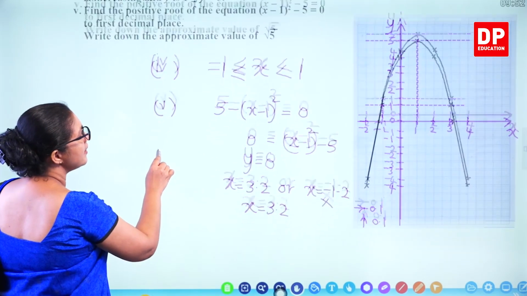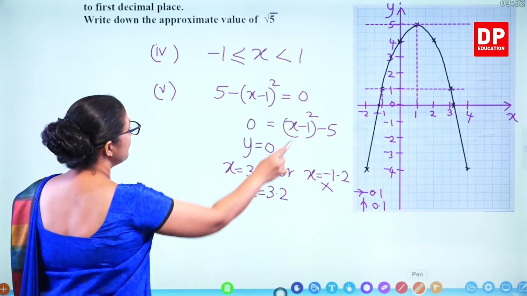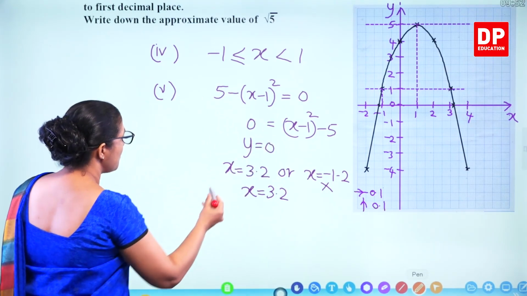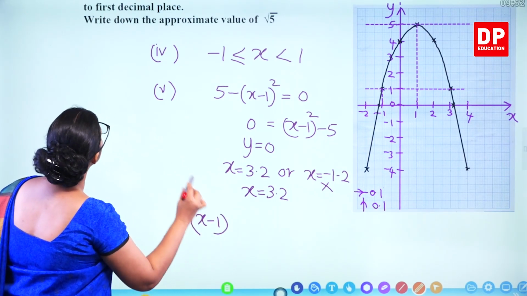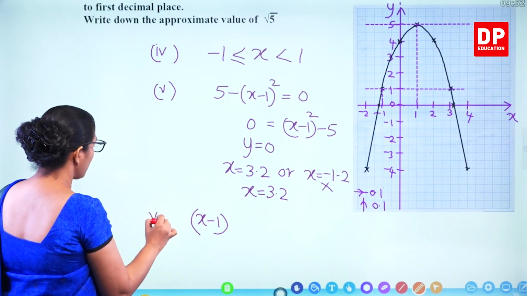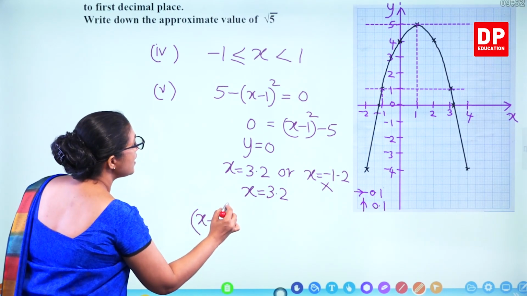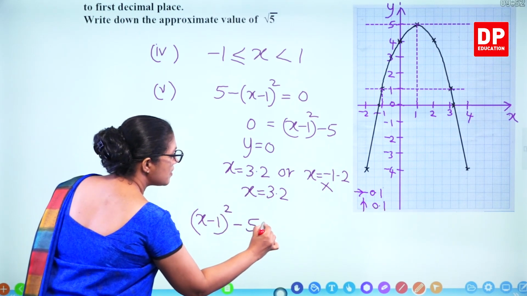Now, I can take the equation, this one or this one, same thing. I can take x minus 1 squared. So this is the 5th part. Same question. X minus 1 squared minus 5 equals 0.